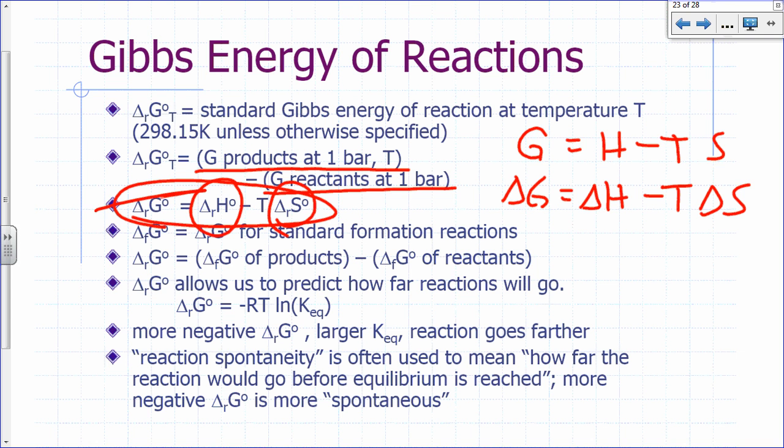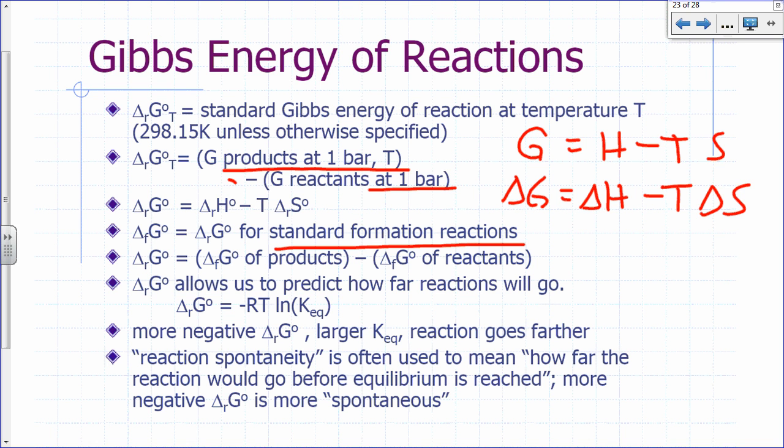Okay? Alternatively, you can look up tables of the Gibbs energy for standard formation reactions. So this is delta G with an F subscript here. The F is for formation. It's just like your delta H of formations. So delta G of formations can be looked up.